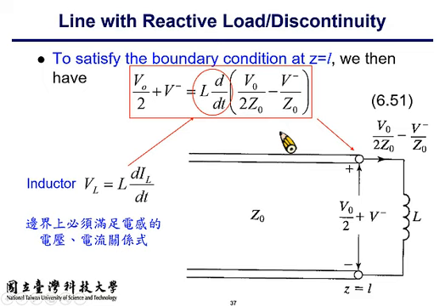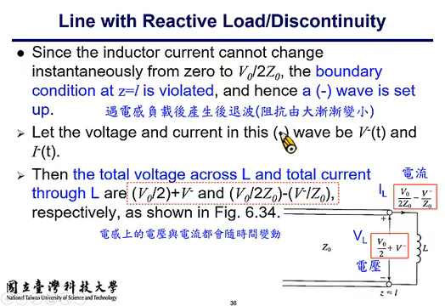Unfortunately, the I minus part, the reflected current, can be written in terms of the reflected signal V minus: I minus equals the minus of V minus over Z sub 0. Now you can substitute I minus with this representation.